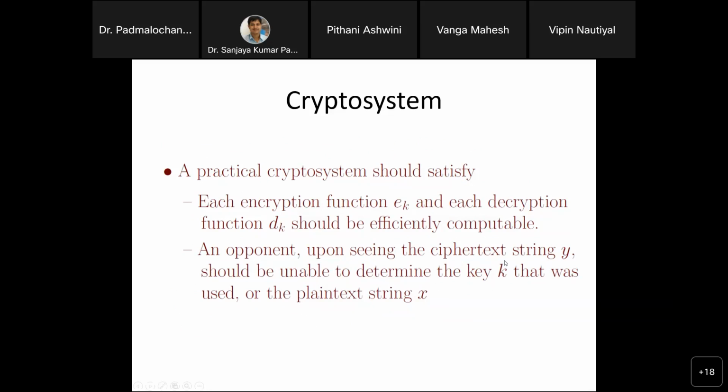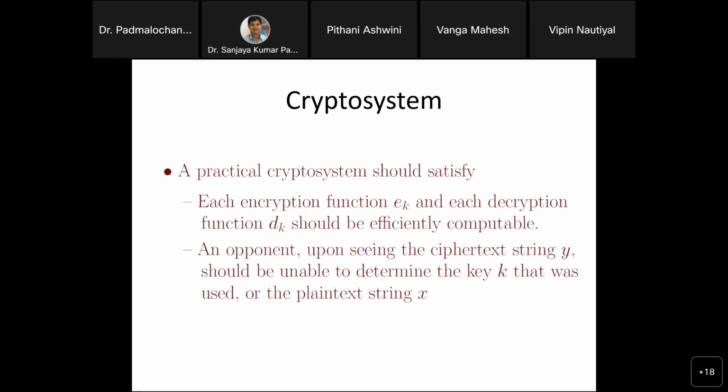However, the adversary who doesn't know the key or the algorithm, either or maybe one of them, or both of them, upon seeing the ciphertext string y, should not be able to determine the key k that was used or the plaintext string x.